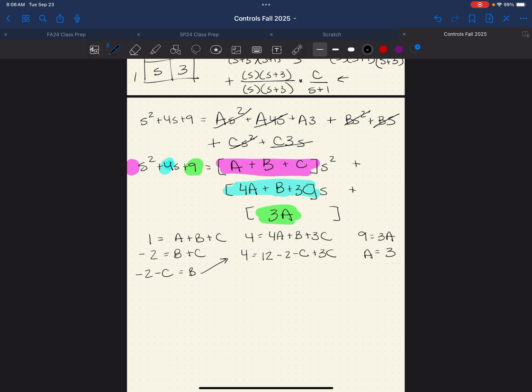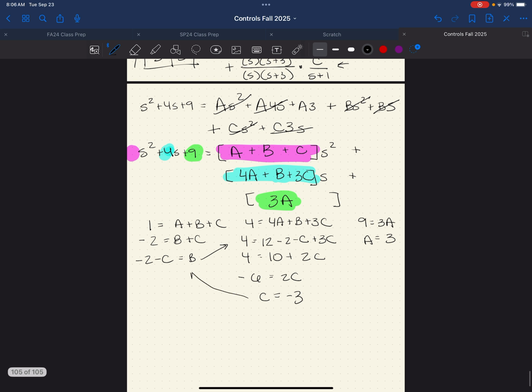All right, so then we get 2c, 10 equals 4. Should get minus 6 equals 2c, so c equals minus 3. And then we'll plug in c over here on the left. So minus 2 plus 3 equals b, so we should get b equals 1. All right, so a equals 3, b equals 1, c equals negative 3.